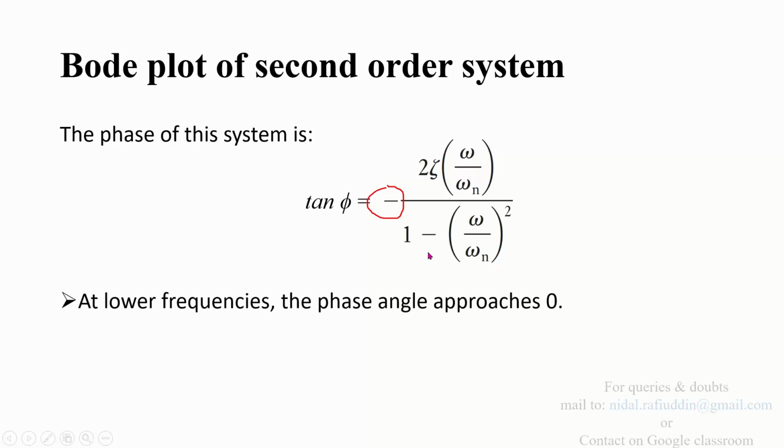So you have tan phi equal to minus 2 zeta omega by omega n over 1 minus omega by omega n square. Now for lower frequencies, look, these are the assumptions that we are making because we don't have the exact transfer functions of first order, second order system. We have the abbreviations for time constant and frequencies and zeta. We are not given the values of zeta and omega n till now. So you will be given questions where zeta and omega n will be specified.